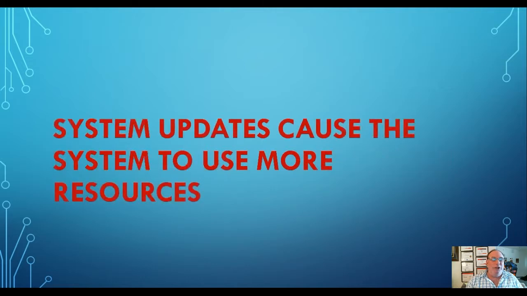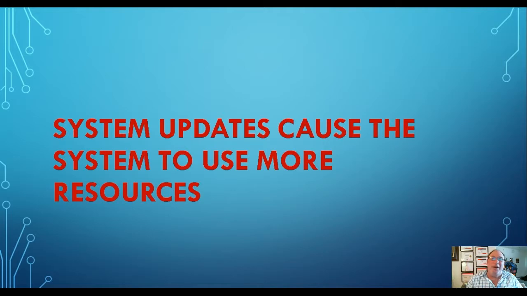Another one is system updates. Again, I'm not saying this is bad, I'm just explaining the facts here. System updates increase the size of the operating system, and they make the operating system do more things. The more things the operating system does, the more machine resources it uses: more CPU cycles, more memory, more hard disk space.